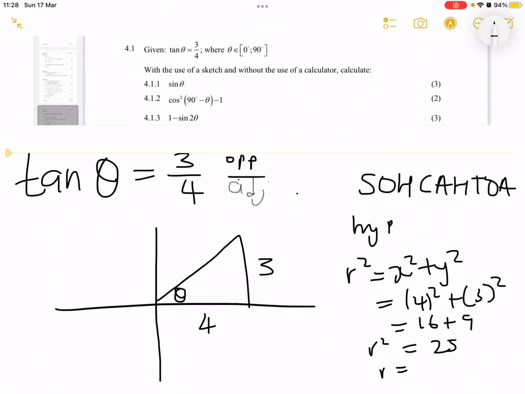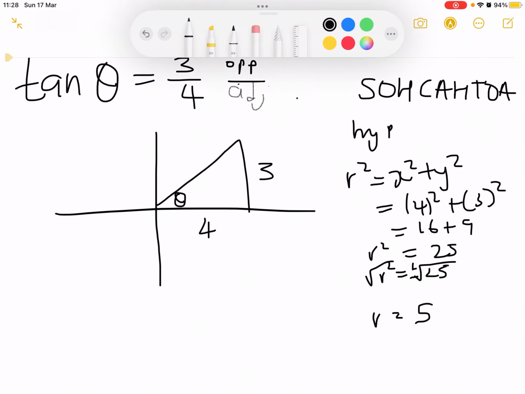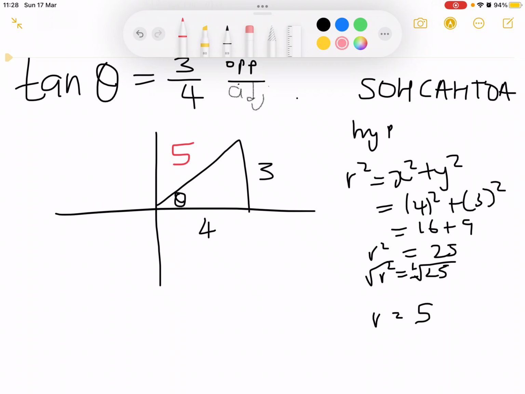You take the square root of both sides, and it's plus or minus, but since we know that this is r that we're dealing with, r will be a positive value, which is 5, because r is never negative. So we change the color and make this one a 5. Now we have drawn the correct diagram, and you must have gotten maybe 1 mark there.